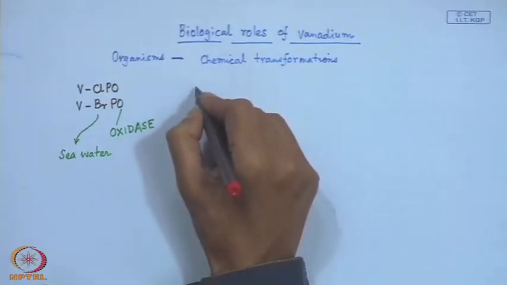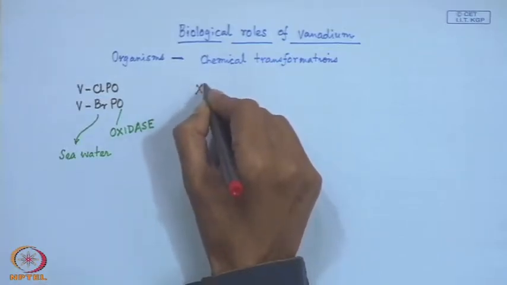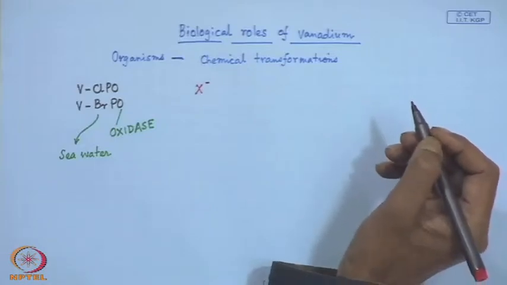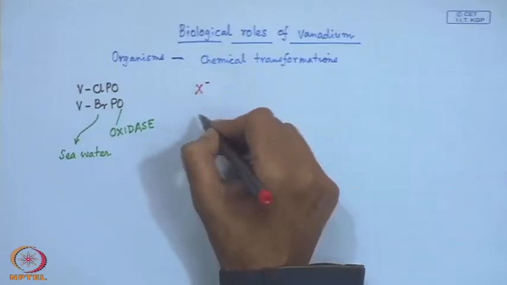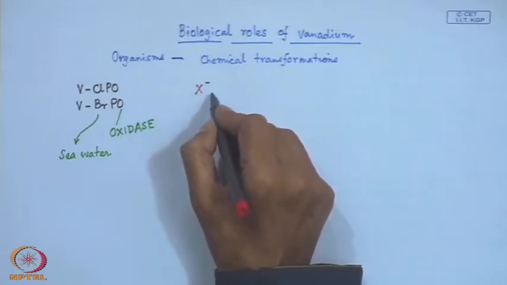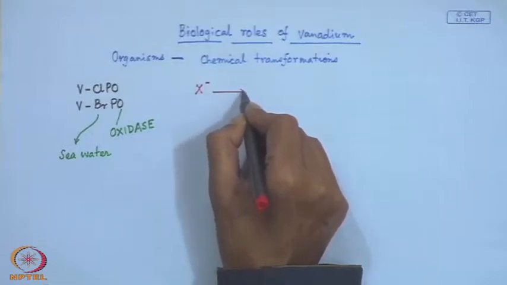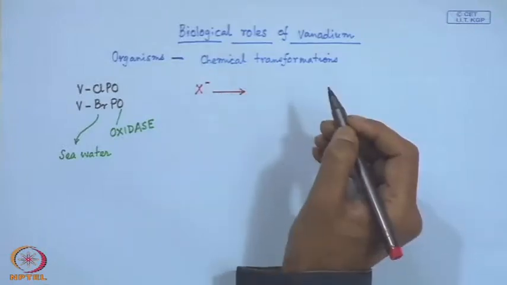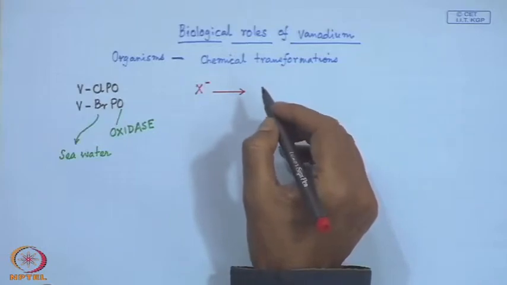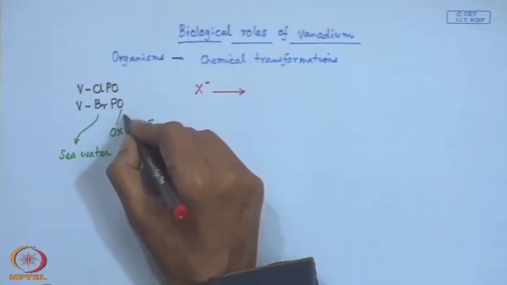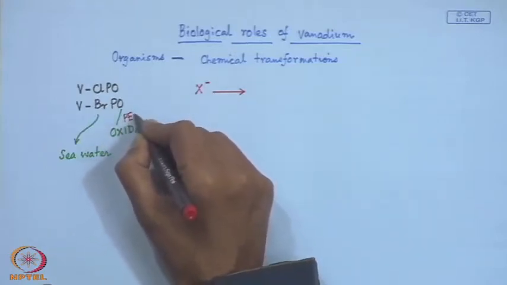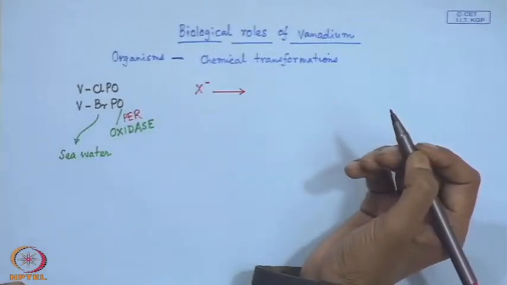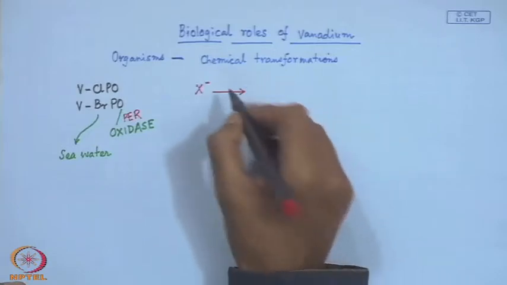So, whether you can have bromide or chloride or iodide, and how we can show some oxidase activity or peroxidase activity rather. So, this is basically not the typical oxidase activity, these are the corresponding peroxidase activity.